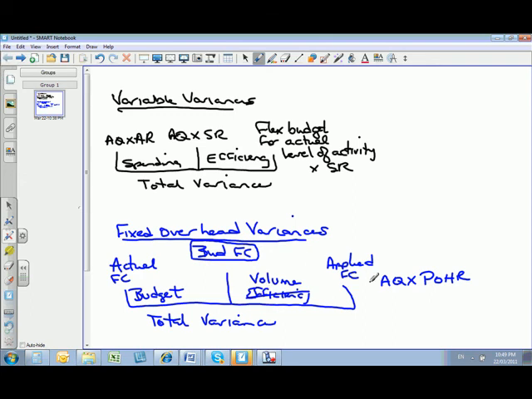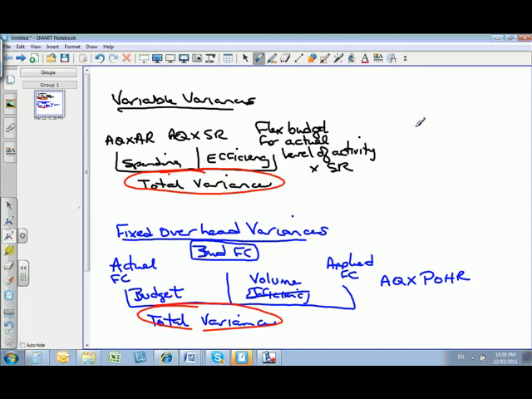There's a way you can check your work if you're given the information in the question. And basically what happens is that these total variances, both the total variable variance and the total fixed variance, can be added together.